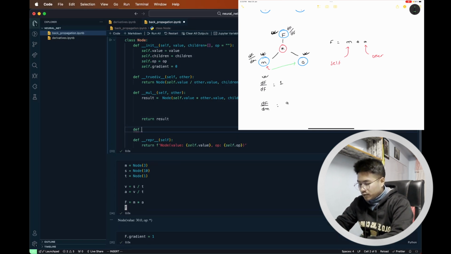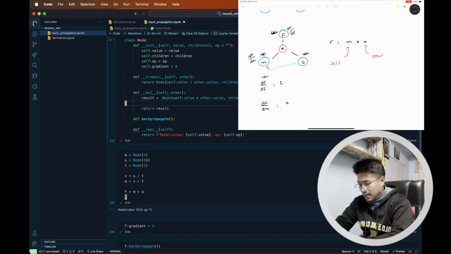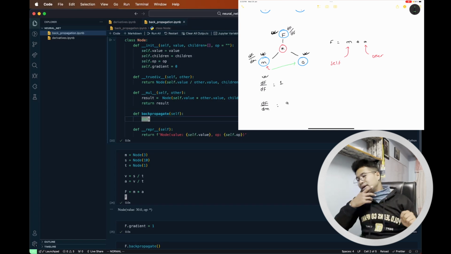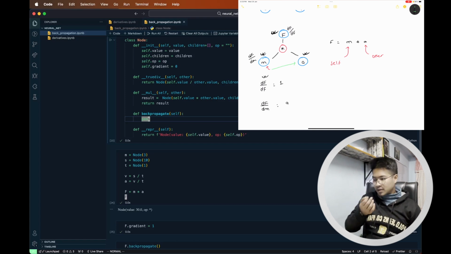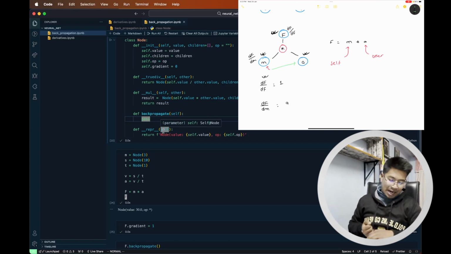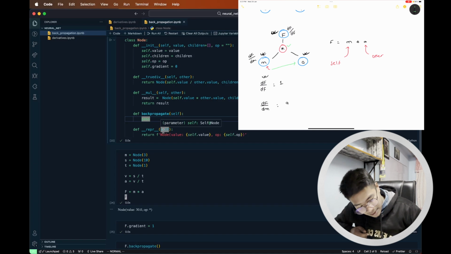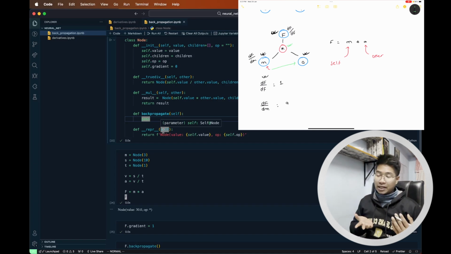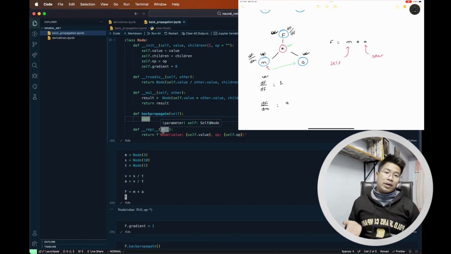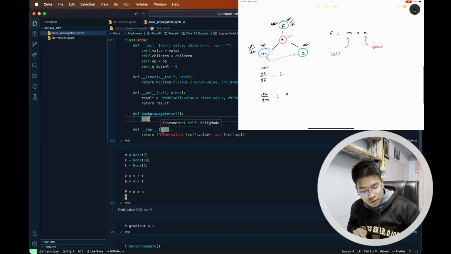So the function would be back propagate, right? And here I want just the self, and I want it to somehow figure out how to back propagate. So I should first look at the operation I'm doing. If it is a multiplication, then the way I would back propagate is I would just assign the values of the opposite nodes to each other.